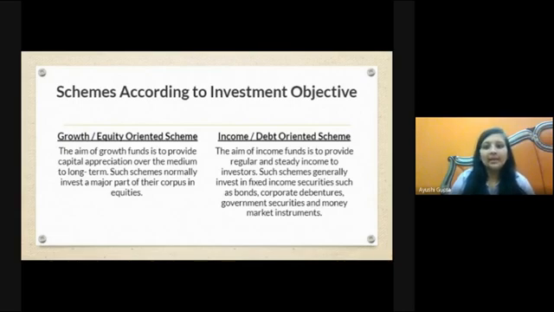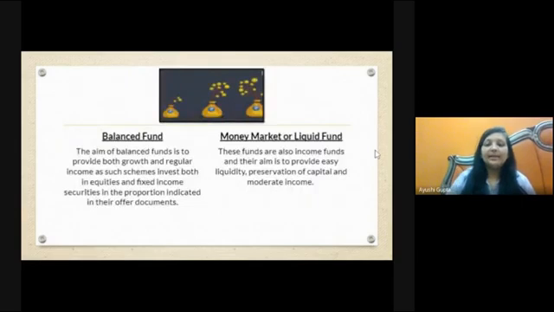The second is the income or debt-oriented scheme, whose aim is to provide regular and steady income to the investors. The third is the balanced fund, which aims to provide growth and regular income, investing in both equities and fixed income securities in the proportion indicated in their offer document.